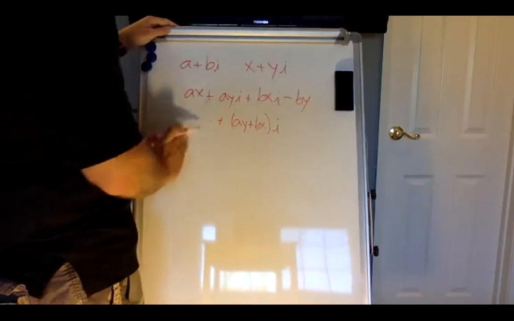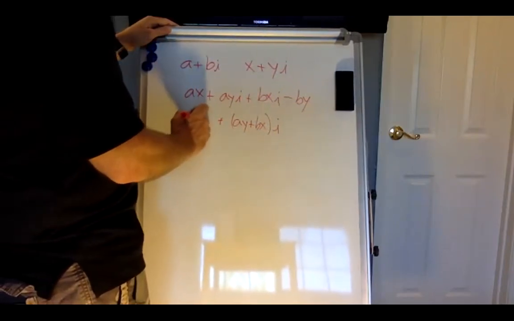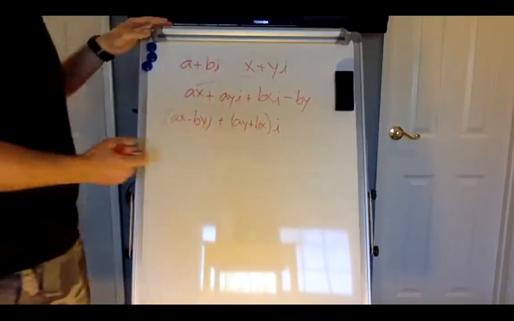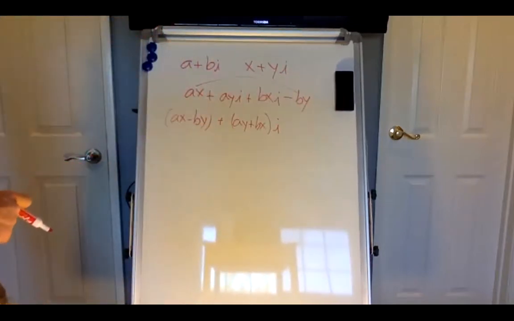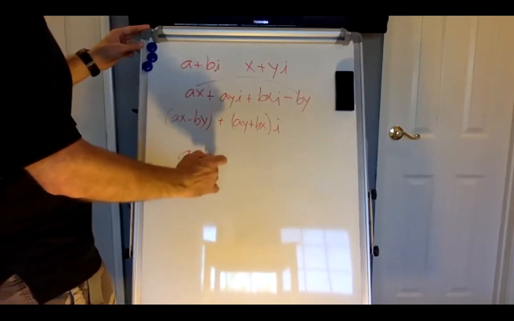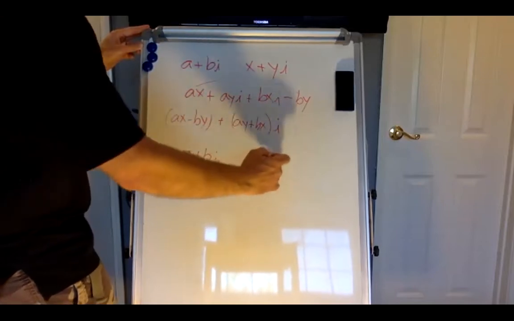Here you would put the real part together. And then all you'd have to do is take the conjugate of the imaginary term here. Okay, a plus bi, a minus bi.